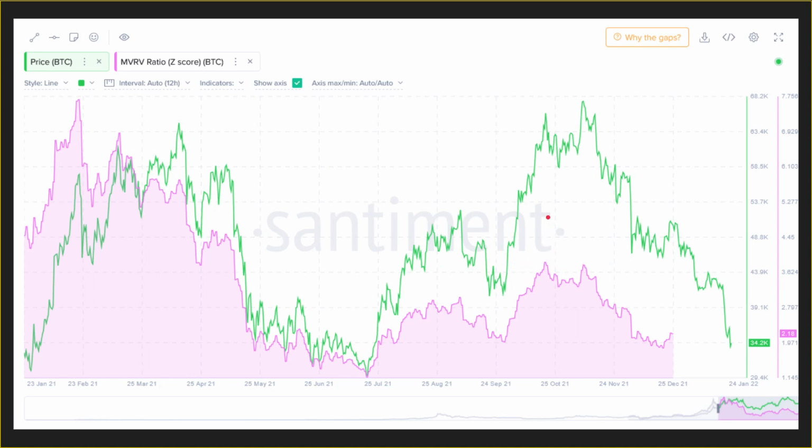And what's interesting here is we do actually see a divergence. Price is going higher, it's producing a higher high, higher lows, and the MVRV ratio producing a lower high. So while price is going up, this is actually going down. This was an indication that price was overvalued and would eventually fall as well.